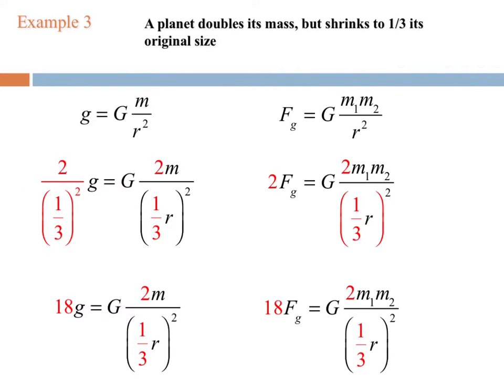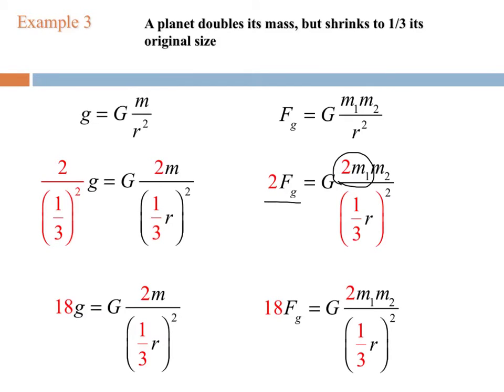Another example says a planet doubles its mass but shrinks to 1/3 of its original size. Now, remember that the distance is being squared. So here you can double its mass. And when you double its mass, you automatically double its gravitational force.